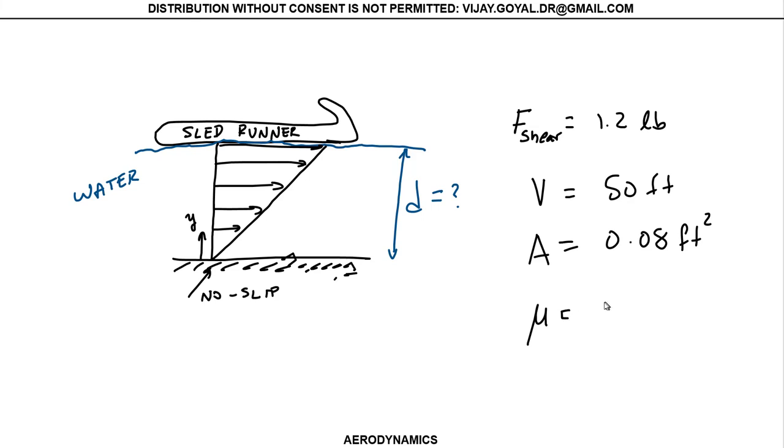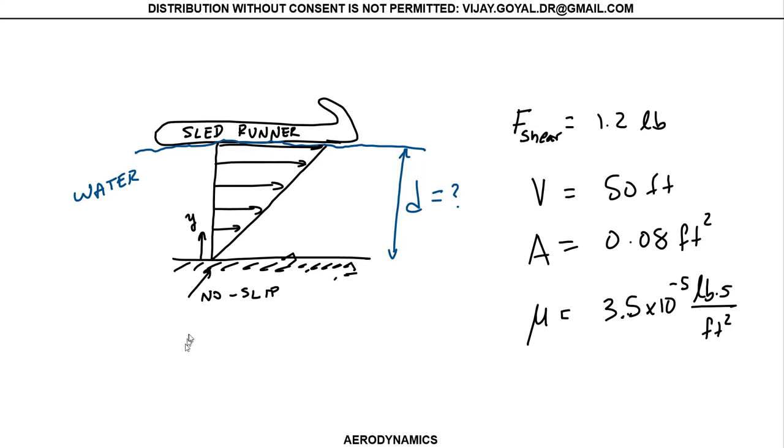And my viscosity of water is 3.5 times 10 to the minus 5 pound-seconds over feet squared. So this is the problem that we have, and we are asked to find the distance d.